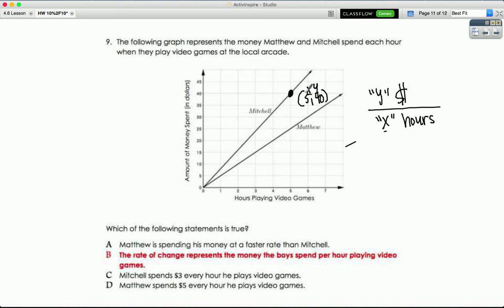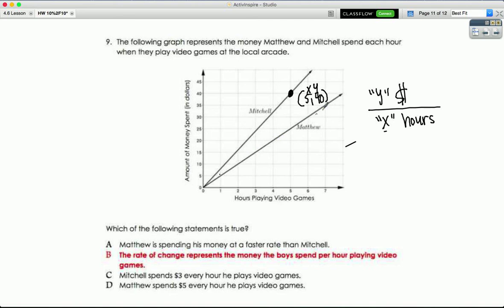Matthew spends $5 every hour he plays, so if I look for a good clean point here, it looks like it's going up approximately every one box.